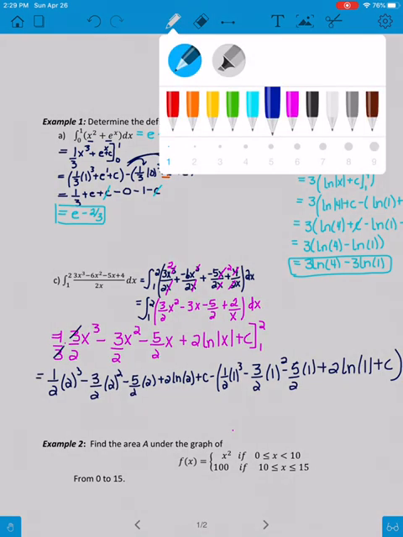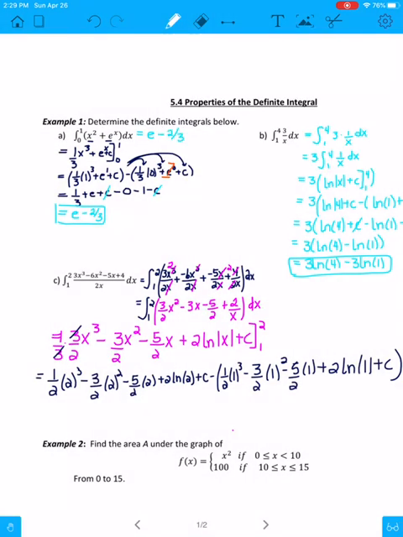So what I'm going to get is 2 cubed, which is 8, divided by 2, which is 4, minus 2 squared, which is 4, times 3, which is 12, divided by 2, which is 6. These 2's cancel, so minus 5, plus 2 ln 2, plus c, minus, and now I have to remember to distribute that minus sign through as I do the math.